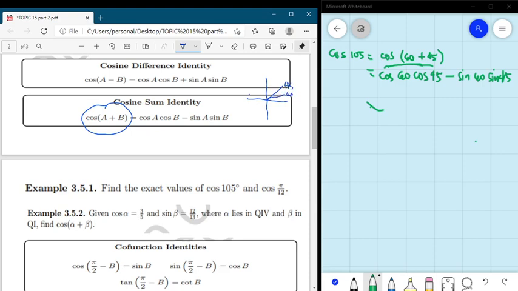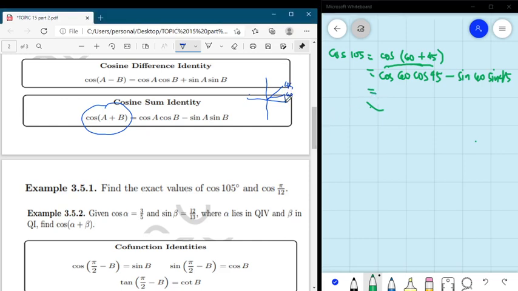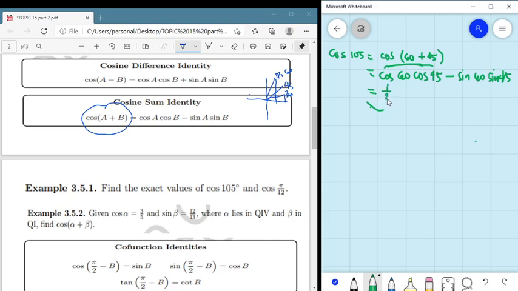Okay, so what is cosine 60? 60 is pi over 3. So, the cosine of 60 is 1/2, right? And then cosine of 45 is square root of 2 over 2.